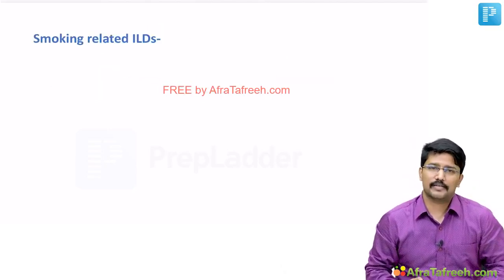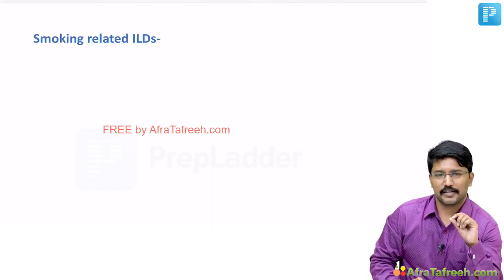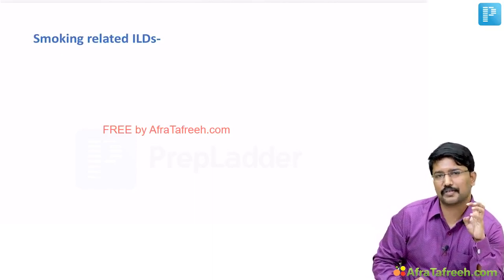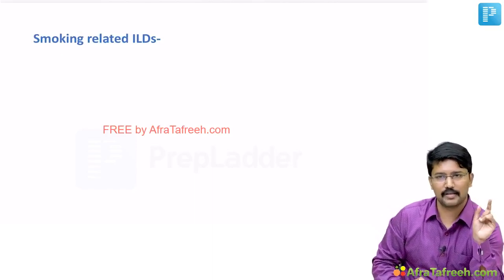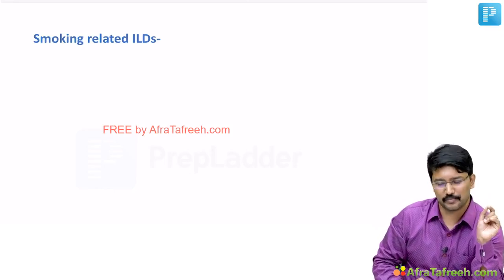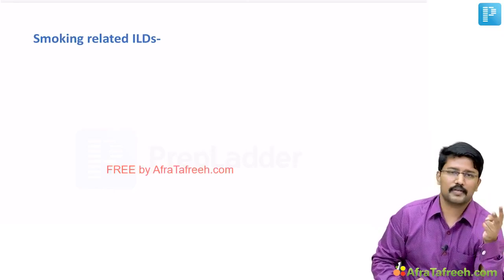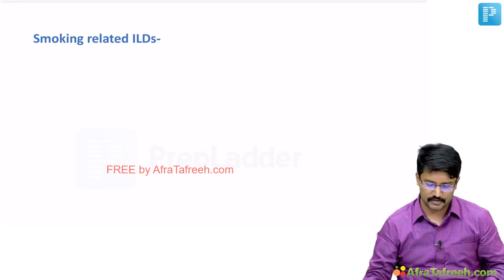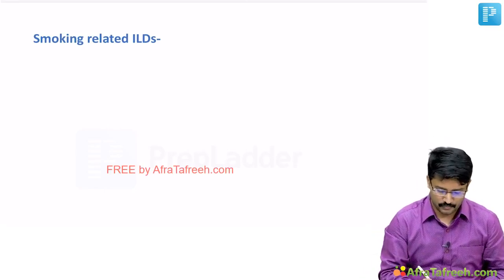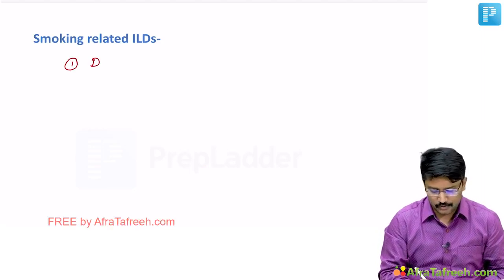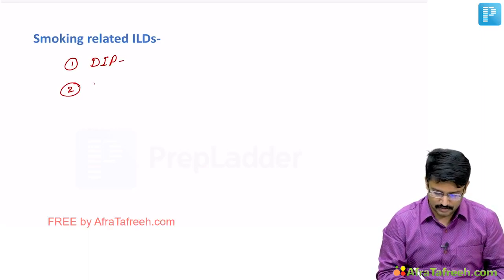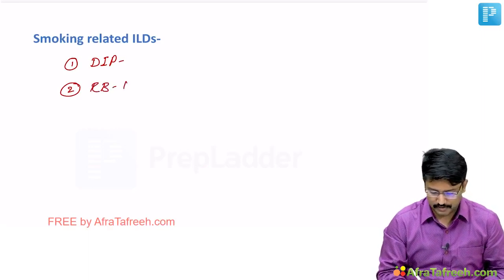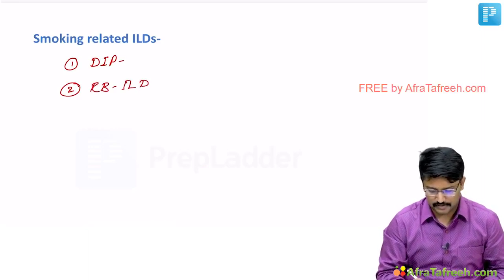Smoking related ILDs. A standard note I made is that most of the interstitial lung diseases have a smoking history except NSIP, but two entities we typically call smoking related interstitial lung diseases. Those include one, desquamative interstitial pneumonia, and the second one is respiratory bronchiolitis related interstitial lung disease.